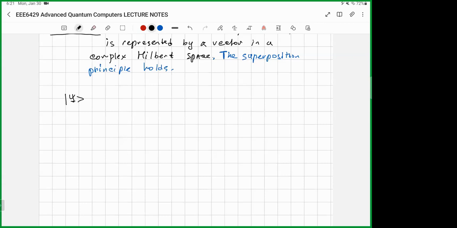My way to introduce this is to say that this is just the way we describe a quantum system. We don't know how a quantum system really looks, how it is really organized down there at the quantum level.